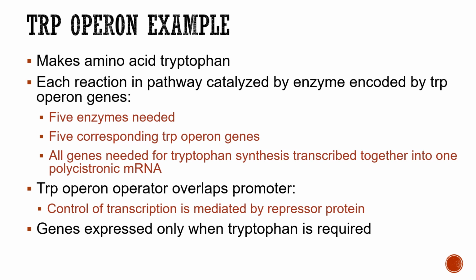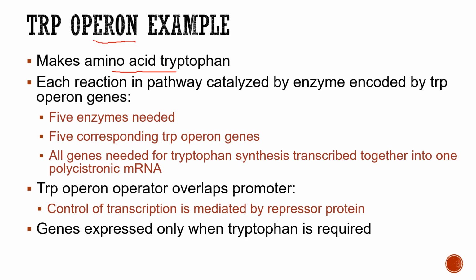All right, then another example here, kind of a twist on that negative feedback, is the trp operon. In this operon, again, multiple genes are controlled by one promoter, and these are all involved in making the amino acid tryptophan.